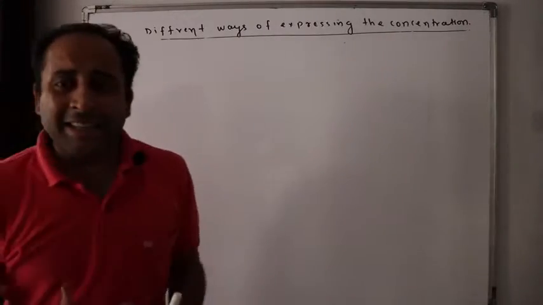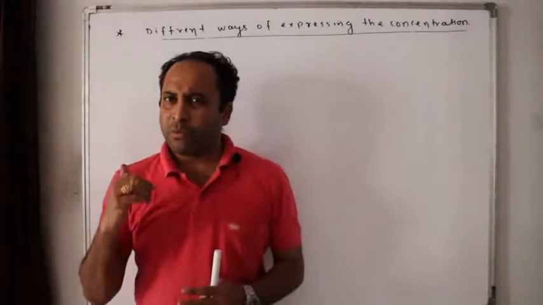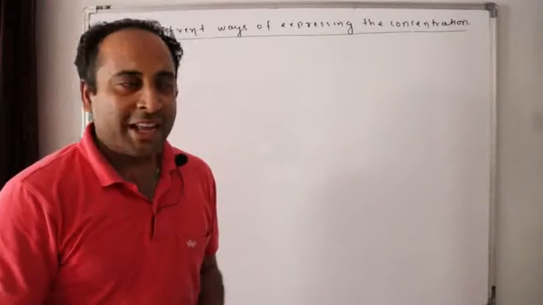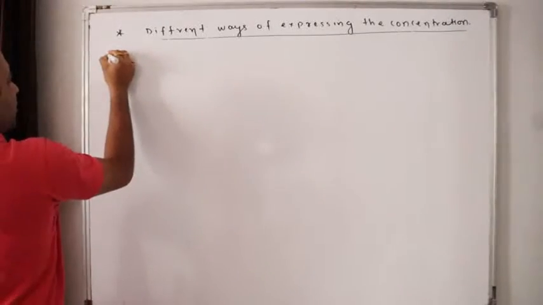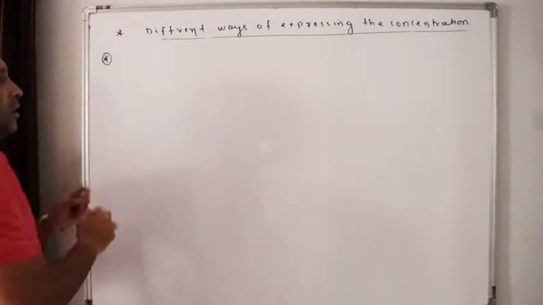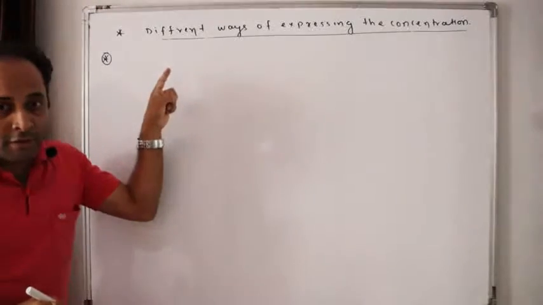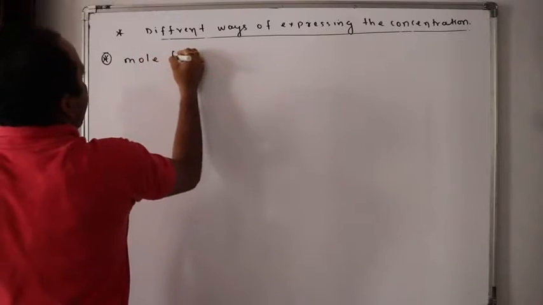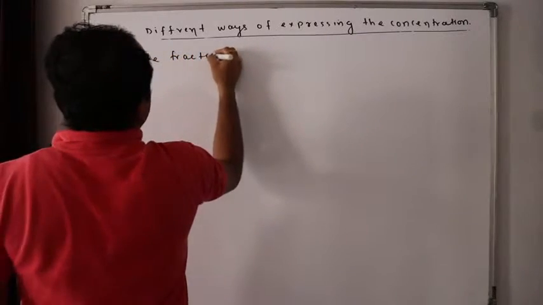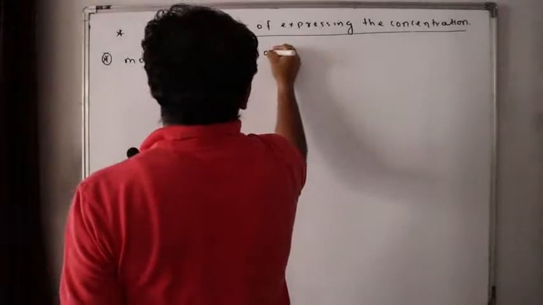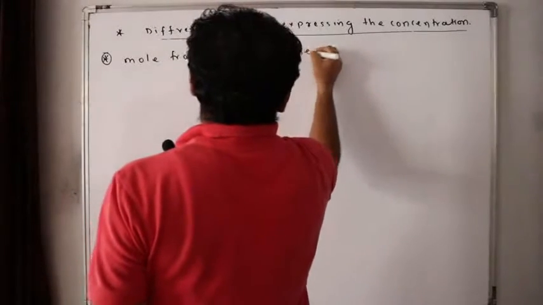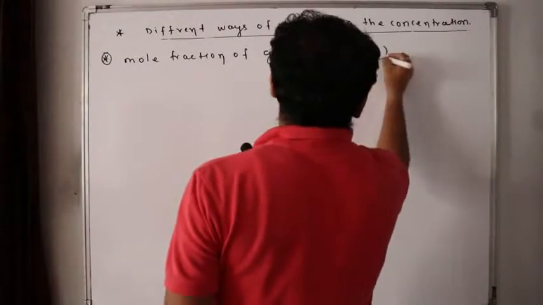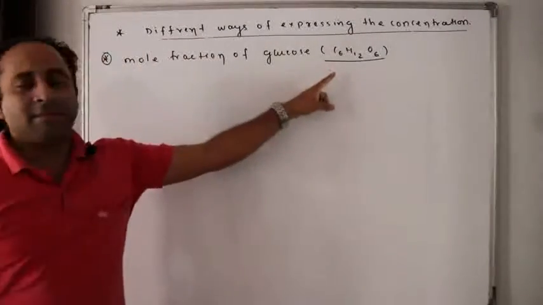Now let us increase the level of your thinking. Let us go for just a bit tough question related to interconversion. I know you can do it. You have to use your brain. The question is: mole fraction of glucose. Do you know the formula of glucose? C6H12O6. For the time being, remember, glucose and fructose have the same formula.